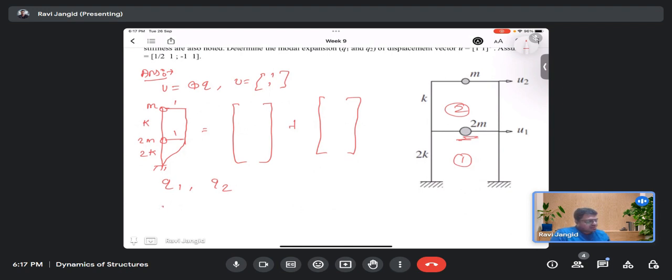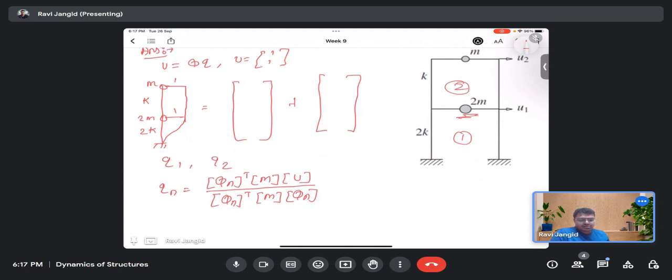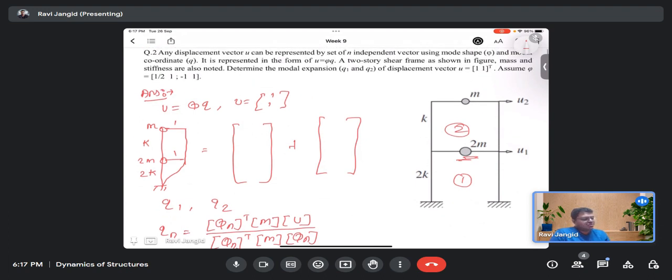It is given as qn is equal to phi n transpose times mass matrix times u, divided by phi n transpose mass matrix times phi n. First we need to find the mass matrix. The mass matrix is simple. This is 2m, this is m.